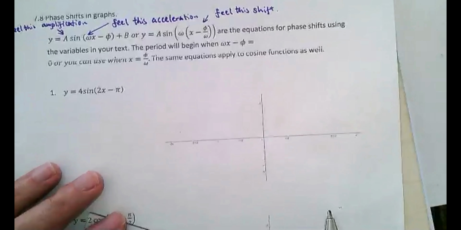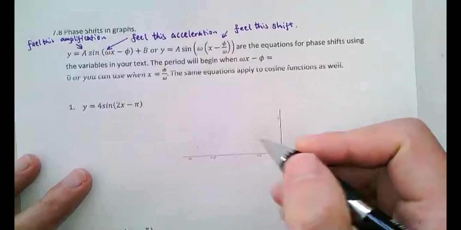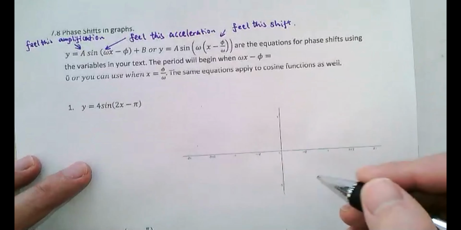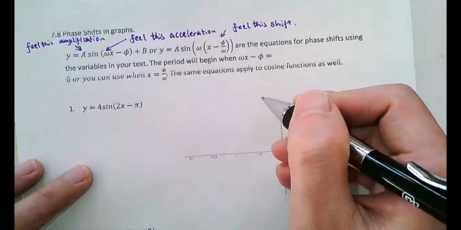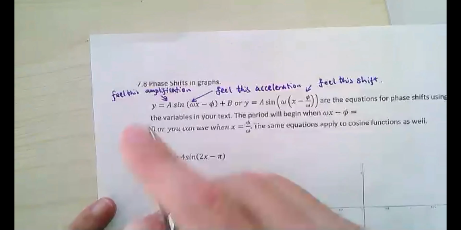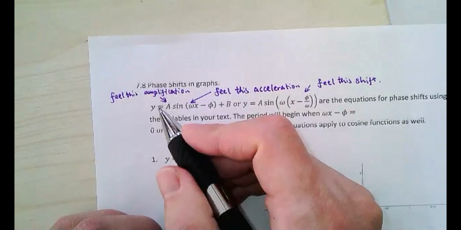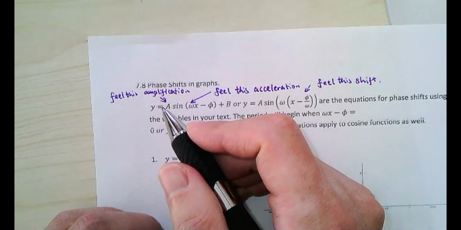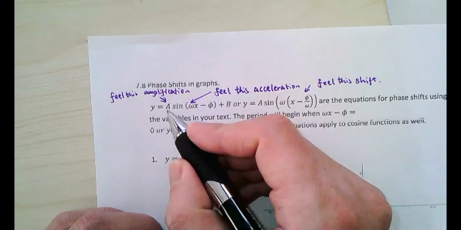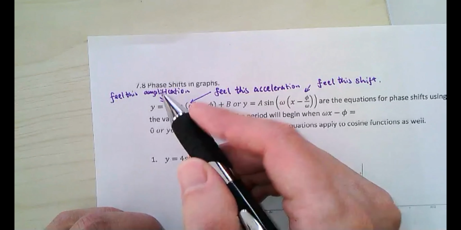Okay, so this is our lecture notes. I have written down some hints here already. Previously, you have already seen this in decimals. When you multiply by A, feel the amplification.